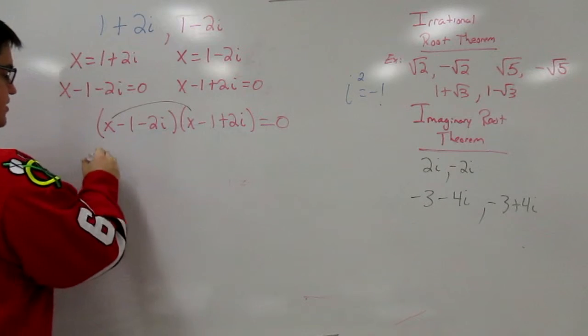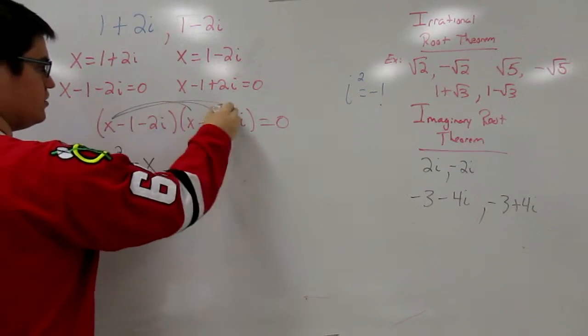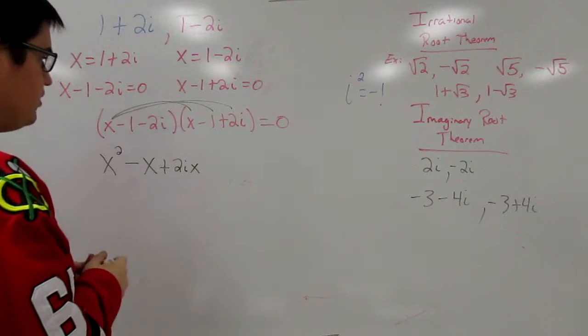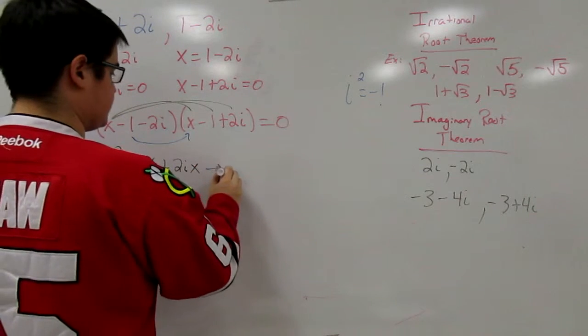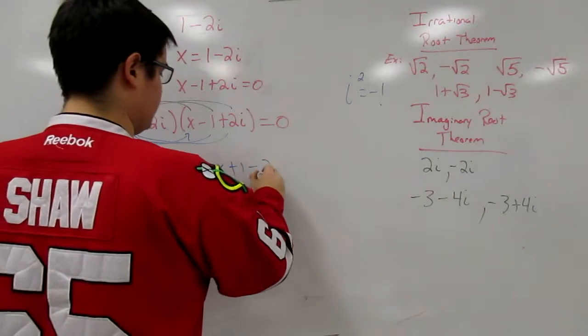X times x is x squared, minus x, plus 2ix. Great. Now we do the negative 1: minus x, plus 1, minus 2i.